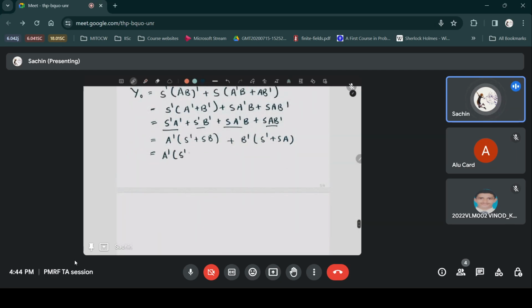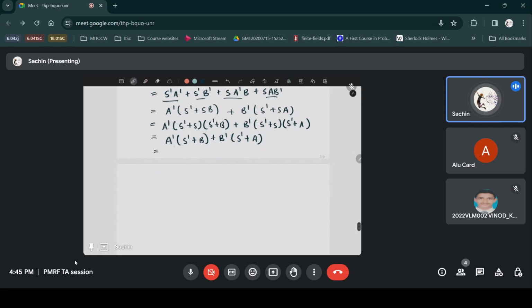That is, this can be written as S complement plus S into S complement plus B, and this can be written as S complement plus S into S complement plus A. So this will be A complement into S complement plus B plus B complement into S complement plus A. So you expand that and write it. You will get S complement A complement plus S complement B complement plus A complement B plus AB complement.